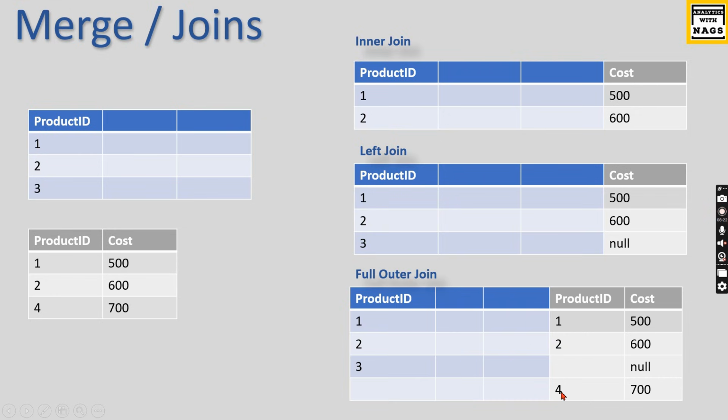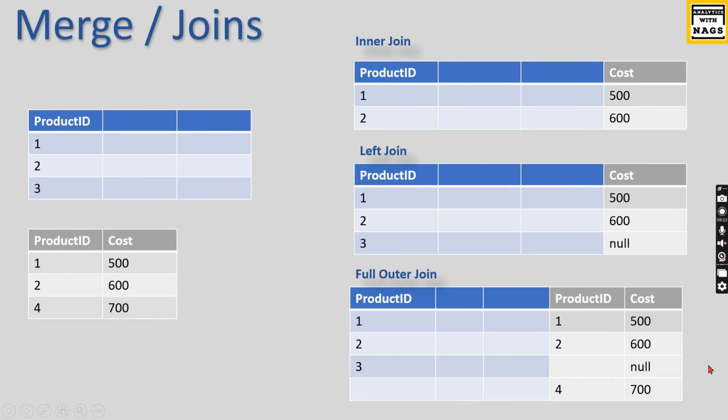You can see here full outer join will bring the product ID 4 as well as 700 over here, right? Then it will become null for the other records in this table. This is full outer join. So based on the outcome you are expecting, you need to choose your appropriate joins, otherwise this will mess up your data. I hope this is enough of theory.